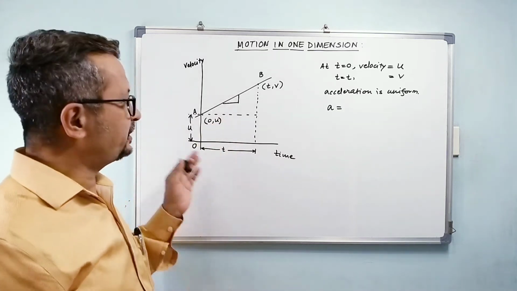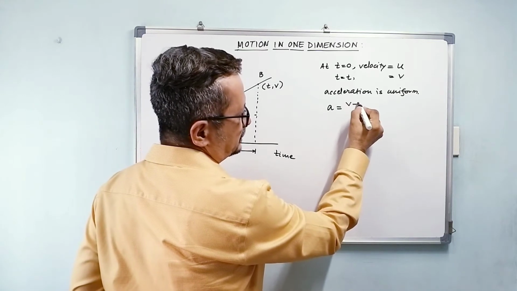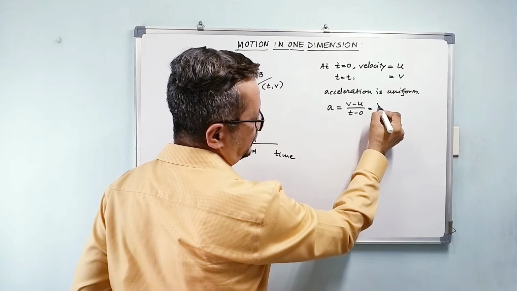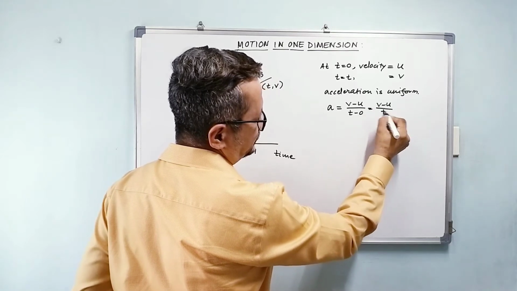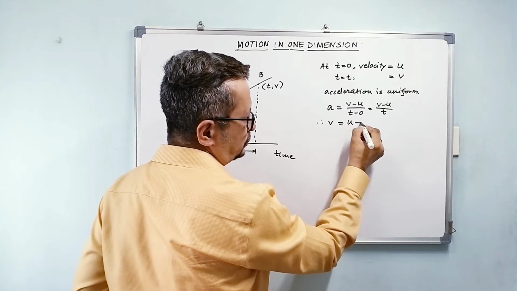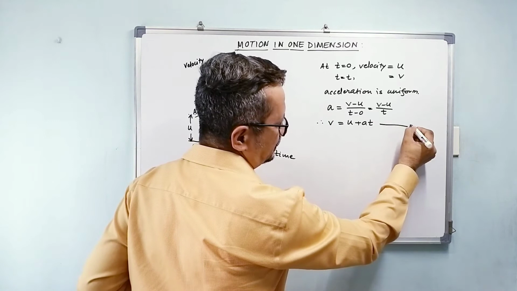Gradient of AB would be equal to v minus u upon t minus 0, so that is v minus u upon t. Therefore I can say v is equal to u plus at, and this is nothing but our first kinematic equation.